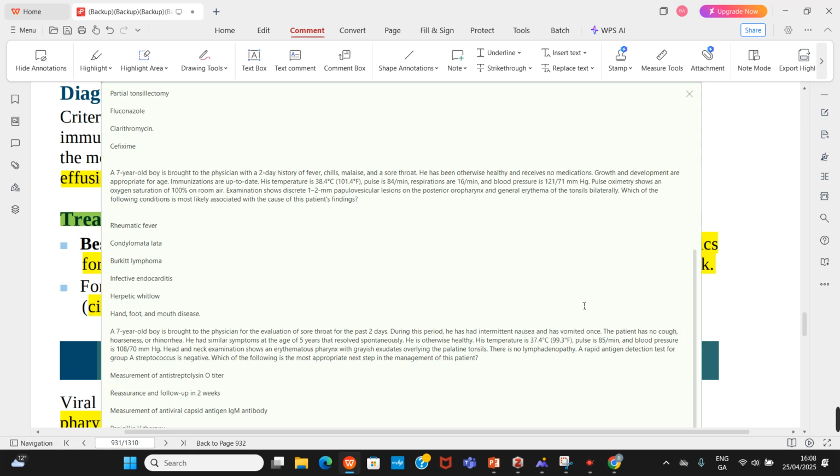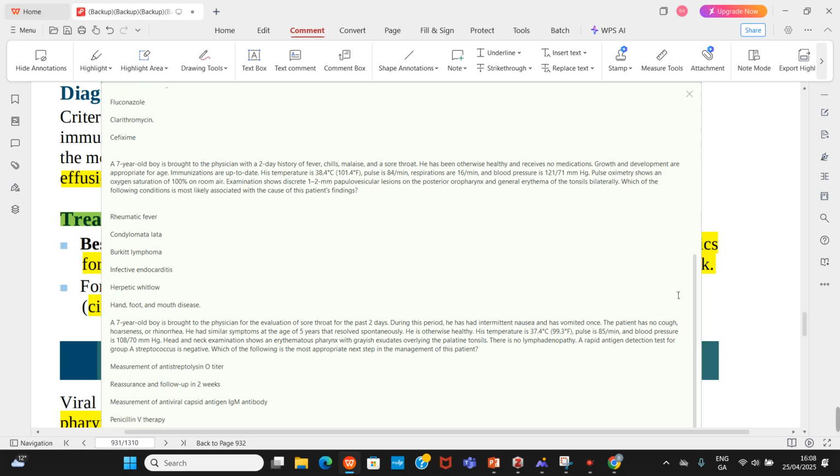Let's do the last question. A 7-year-old boy is brought to the physician for evaluation of sore throat for the past 2 days. During this period, he has had intermittent nausea and vomited twice. The patient has no cough, hoarseness, or rhinorrhea.